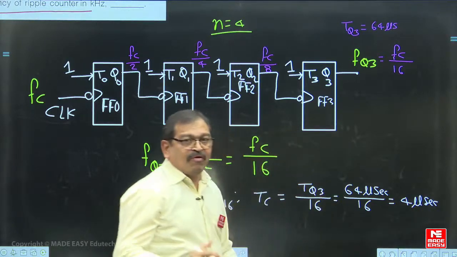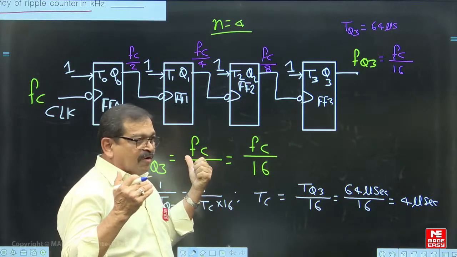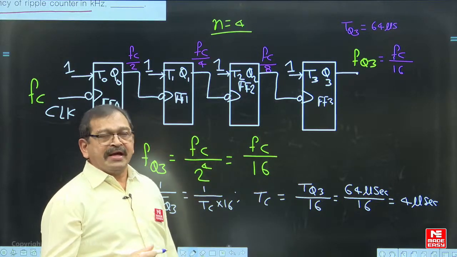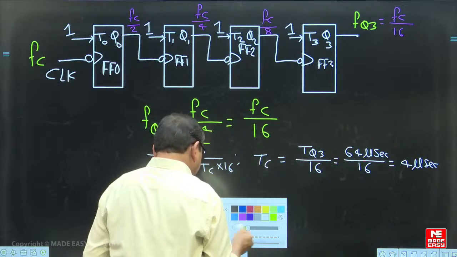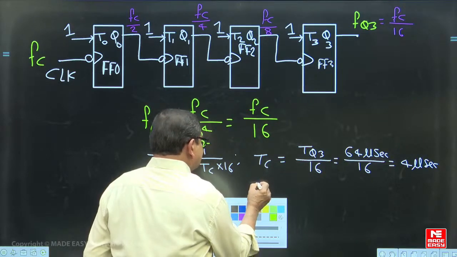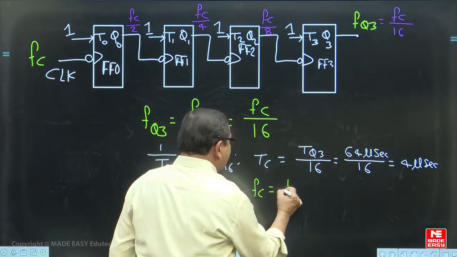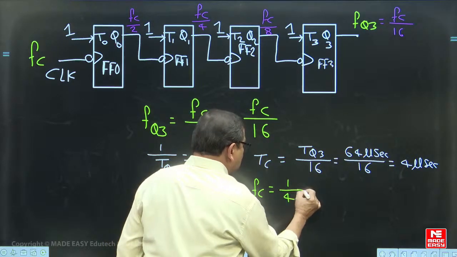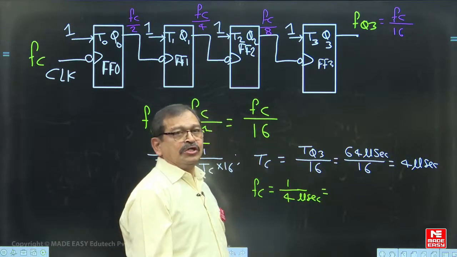So what is the clock we are applying for the operation of this ripple counter? The clock time period is 4 microseconds. So the frequency of the clock will be 1 upon 4 microseconds. He is asking the answer in kilohertz.